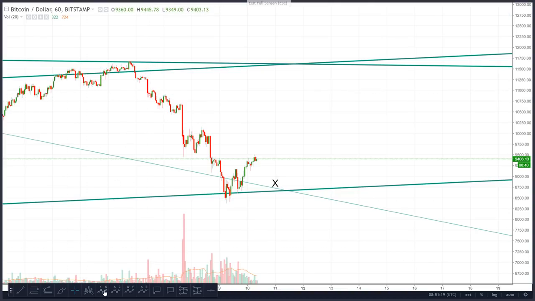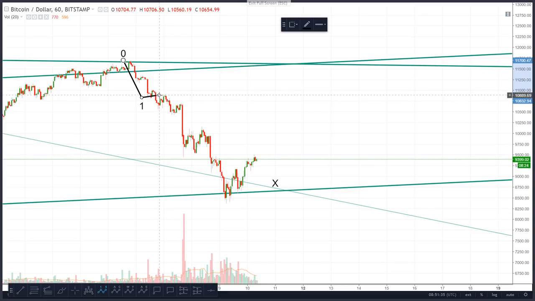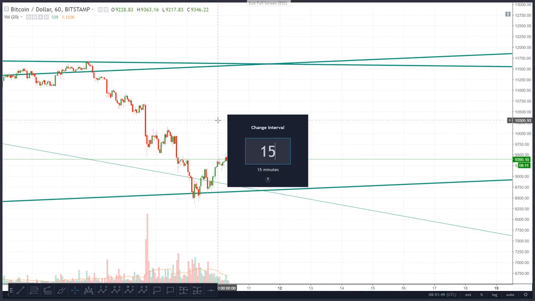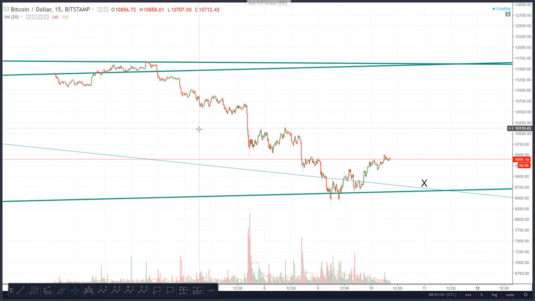Let's label this in fact 1, 2, 3, 4, 5, wave 1, and then wave 2 was a running flat, A, B, C, so wave 2, and wave 3 was a 1, 2, 3, hold on, let me see here. To be honest, this requires a 15-minute chart because it's very choppy, this.